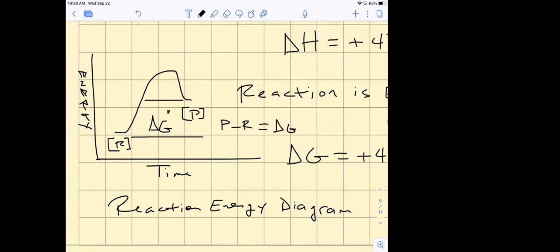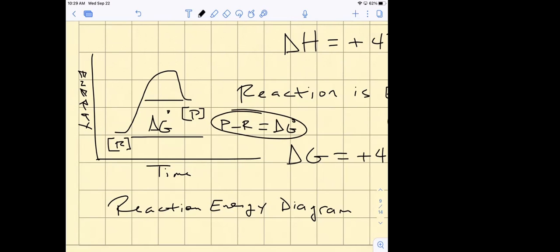So if the energy of the reactants is lower than the energy of the products, then delta G is going to be positive. If the energy of the products is lower than the energy of the reactants, then delta G is going to be negative. So this is what the curve looks like for an exothermic reaction.